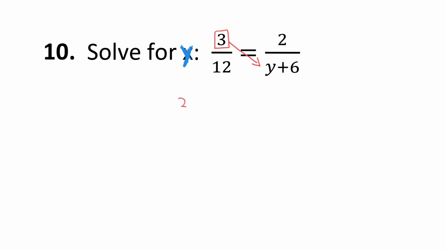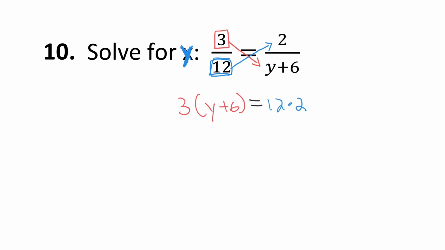So I'm going to have 3 times y plus 6. I'm going to bring down the equal sign, and notice that I'm using parentheses because I will multiply 3 times both terms, the y and the 6. Then I'm going to take the bottom left number, the 12, and multiply by the one across from it. So 12 times 2.